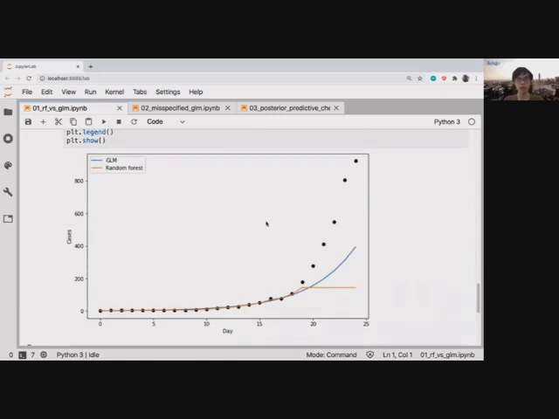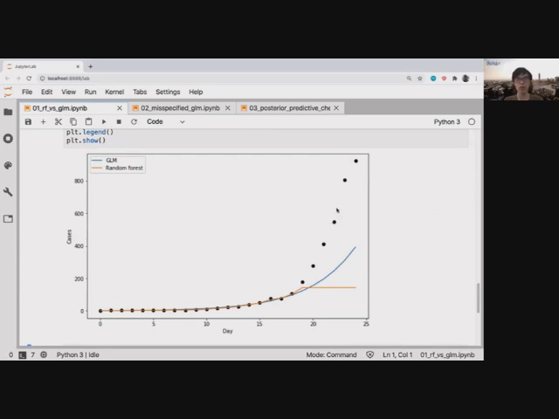Okay, so what's the takeaway? What's the moral of the story here? The random forest, you see, was something that we didn't tune, something that works pretty well as a first approximation for many different settings, but it doesn't actually perform so well in this setting. On the other hand, it's not just because this COVID case prediction problem is hard.